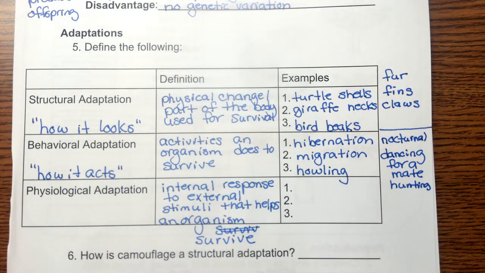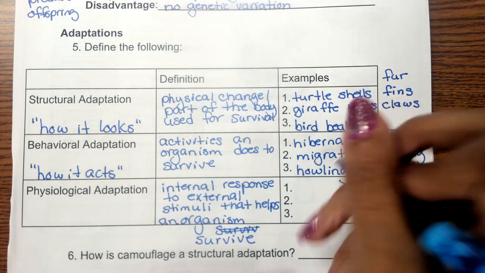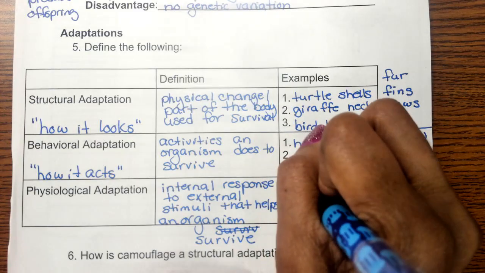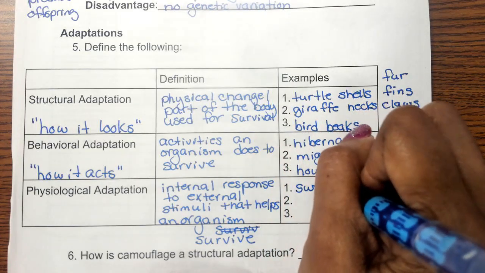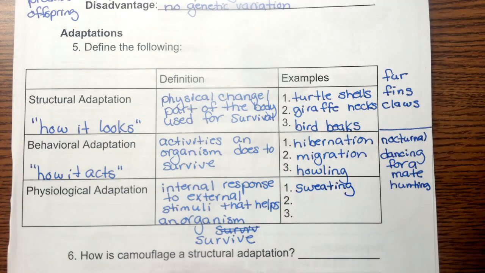Okay. So, some examples of that is sweating. When you get overheated, your body responds by causing you to sweat, and the sweat is to cool you down.